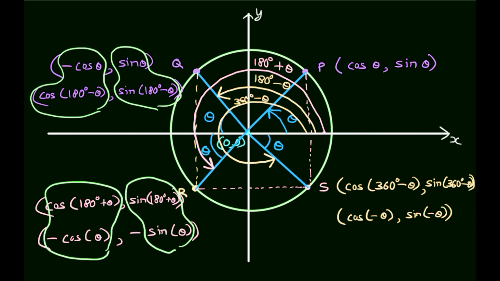So that's how you can get the coordinates of so many points if you just know the coordinates of one point. If you just know the coordinates of point P, you can find the coordinates of points Q, R, and S. Later on, when we will be solving trigonometric equations, we will see applications of this.